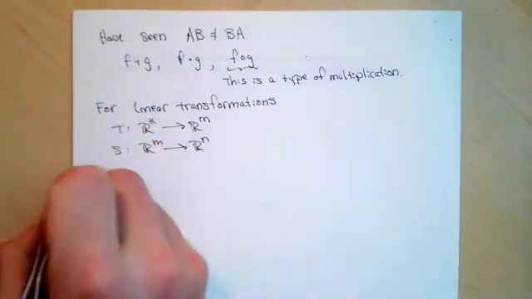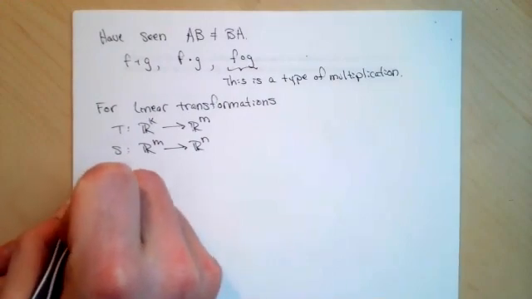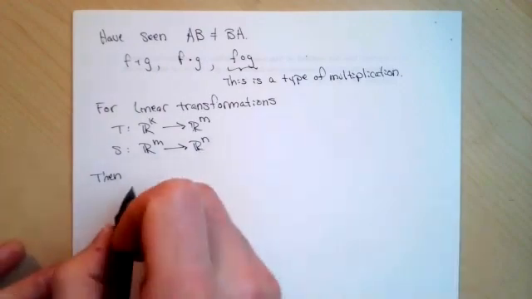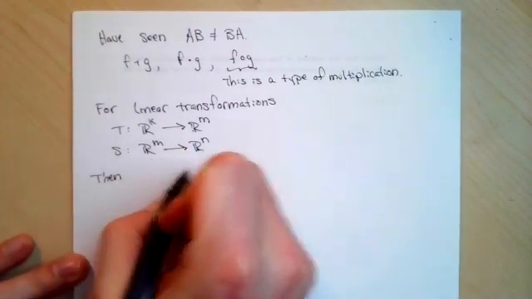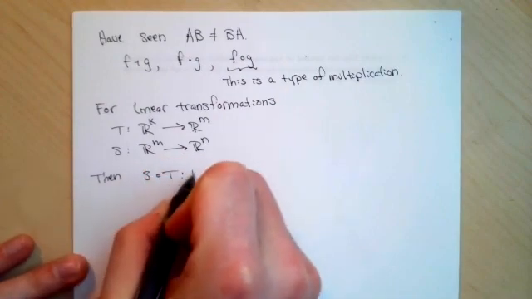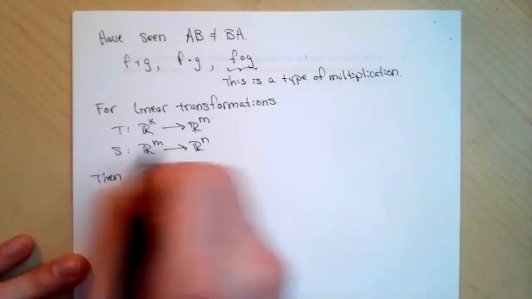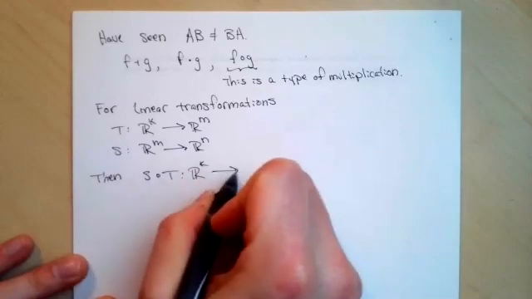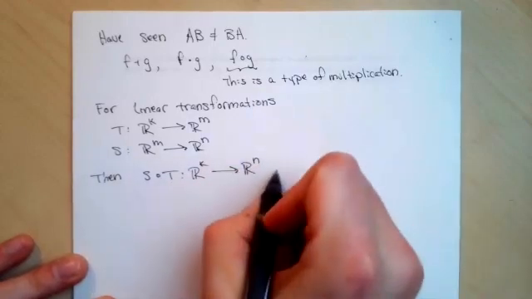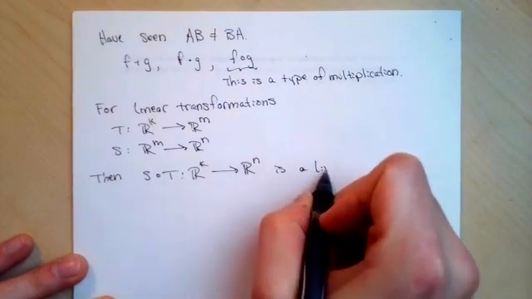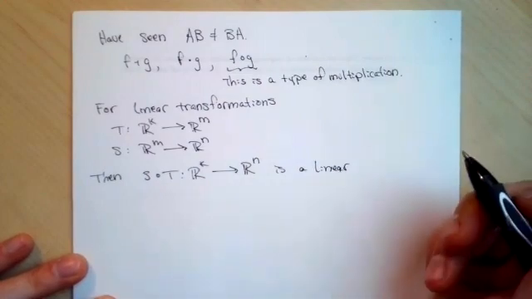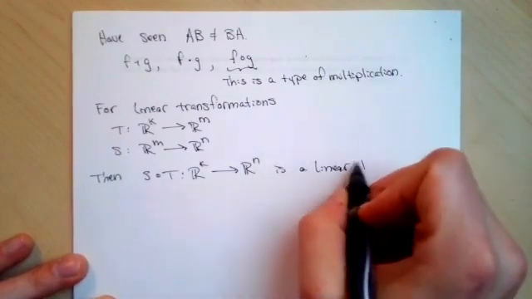If we have two linear transformations, then the composition S composed T is going to give us a map, a function from R^k to R^n, that is a linear transformation. So we can compose linear transformations. The composition will still be a linear transformation.